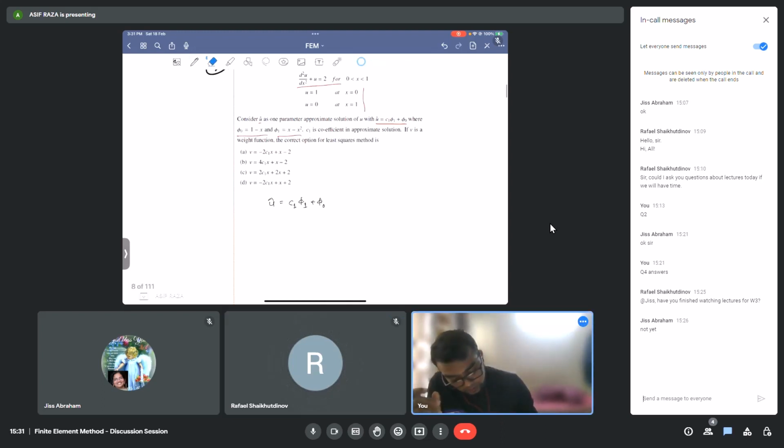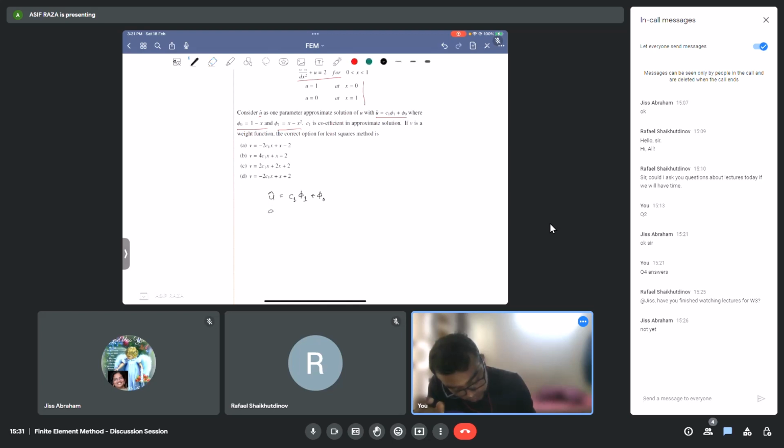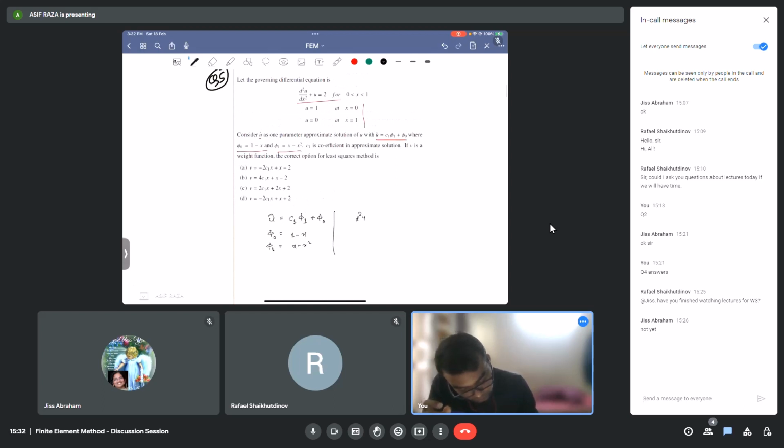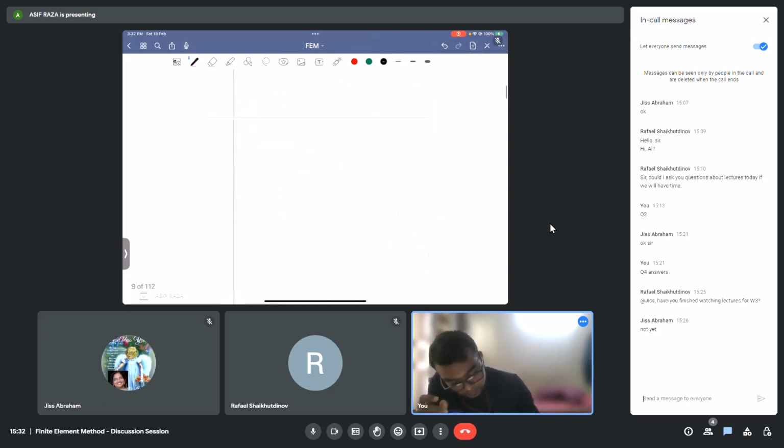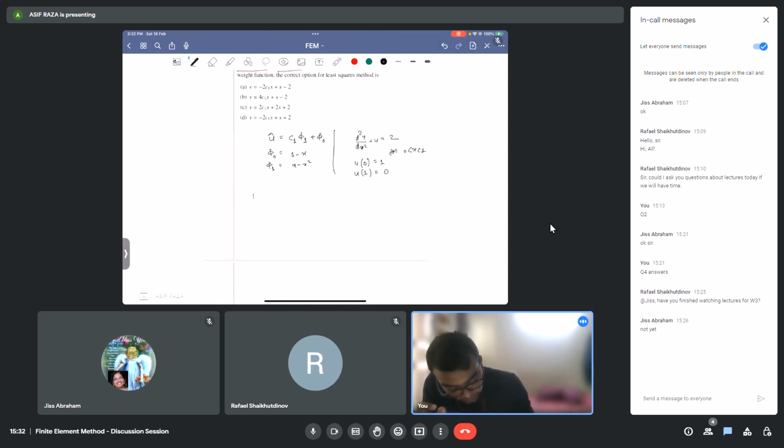Yeah, I'll do that. So we have phi naught as 1 minus x, phi 1 as x minus x square. We have the governing equation as d square u by dx square plus u equal to 2 for the domain x from 0 to 1, with boundary condition u at 0 equal to 1 and u at 1 equal to 0. So what will be the residue when we take an approximate solution?